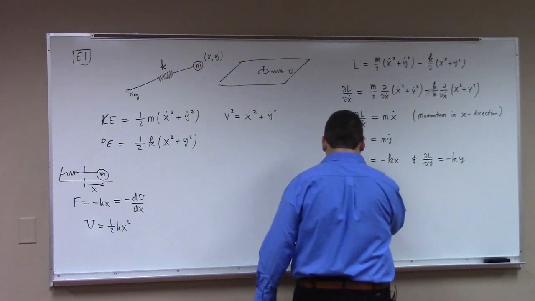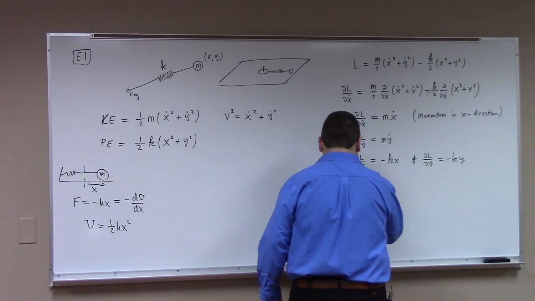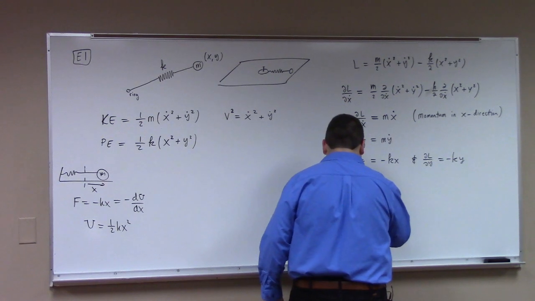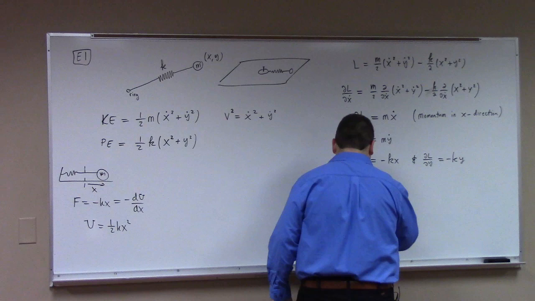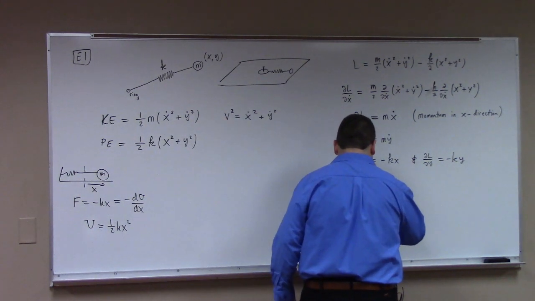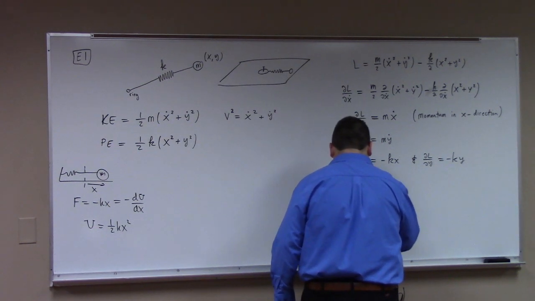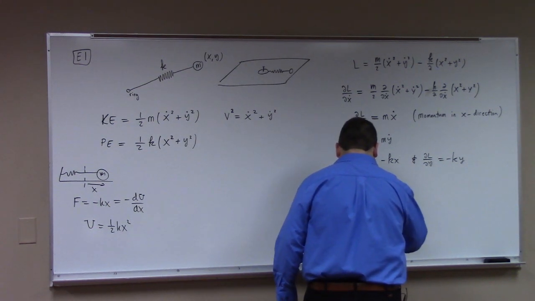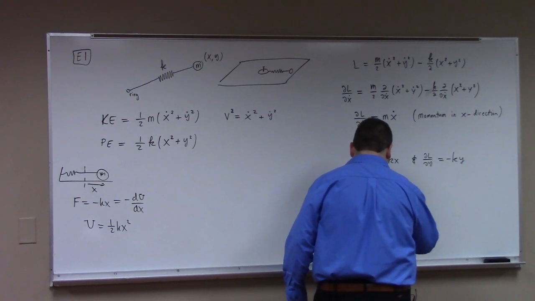Euler-Lagrange equations. What do they give us here? d/dt of partial L partial x dot equals partial L partial x, and d/dt of partial L partial y dot equals partial L partial y. What does that give us?